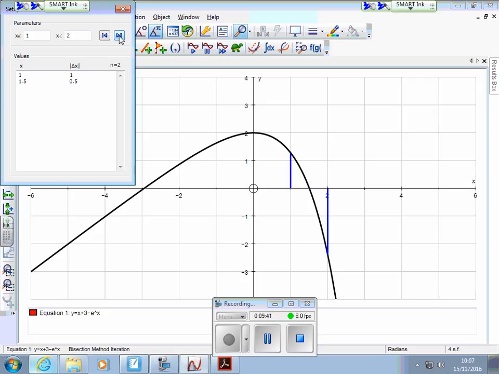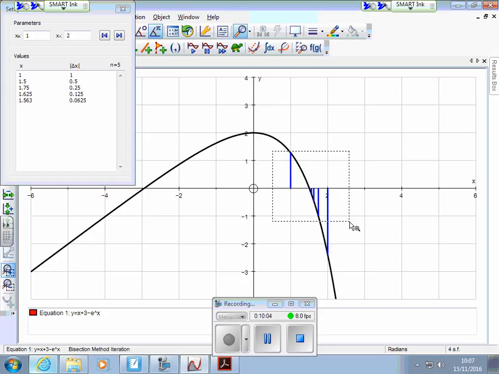Second iteration, x is equal to 1.5. Remember, x is our guess of the root, so our current guess after 3 iterations is 1.75, then 1.625. Each time it goes in between the previous ones. That is the bisection method.